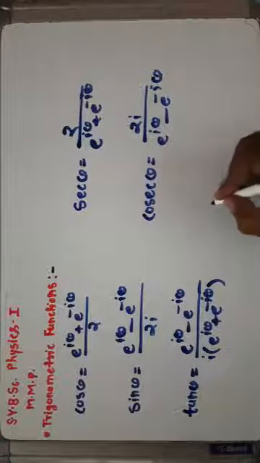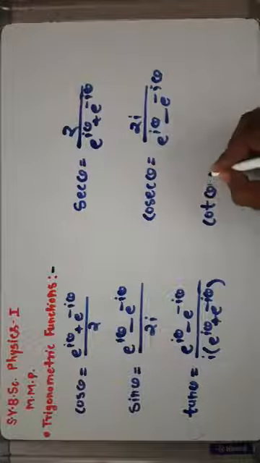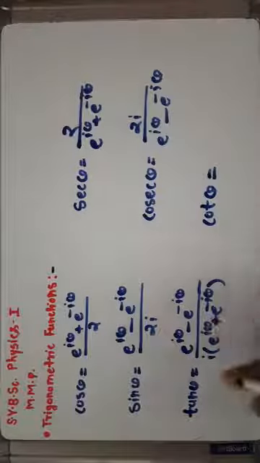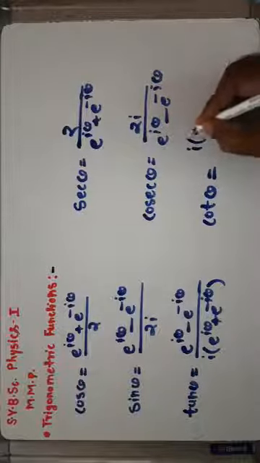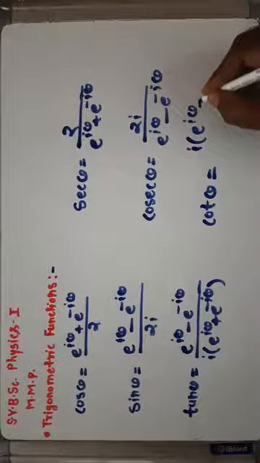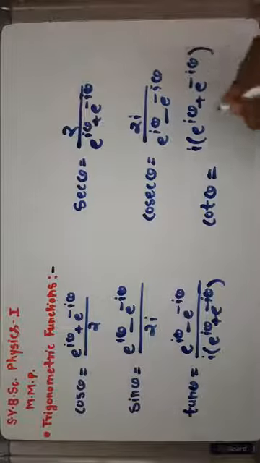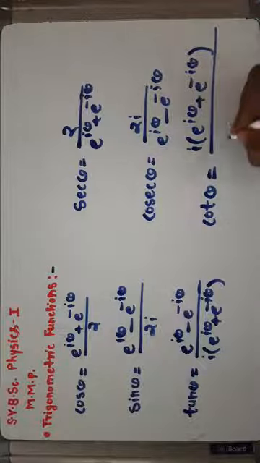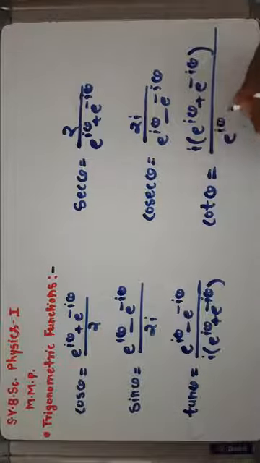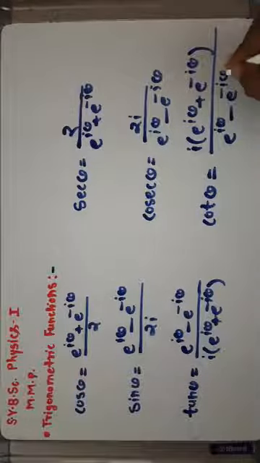Then cot theta is the inverse of tan theta, i in bracket e raised to i theta plus e raised to minus i theta divided by e raised to i theta minus e raised to minus i theta.